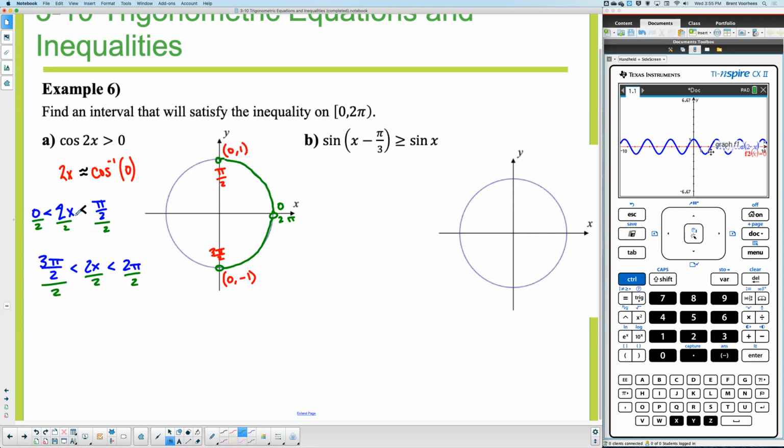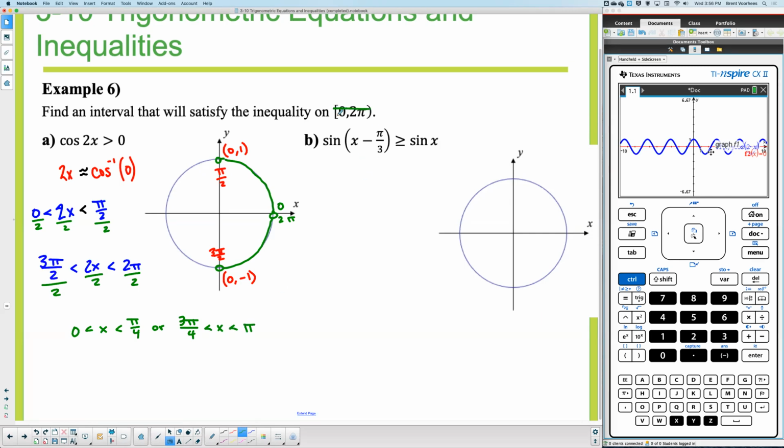That means for this interval, we'll have that 0 is less than x, which is less than pi over 2 divided by 2, which is pi divided by 4. And the other interval would be 3 pi divided by 2 divided by 2, which is 3 pi over 4, which is less than x, which would be less than 1 pi.